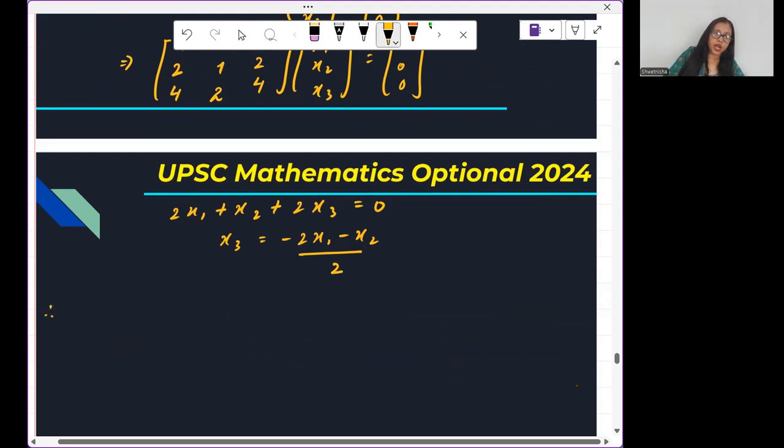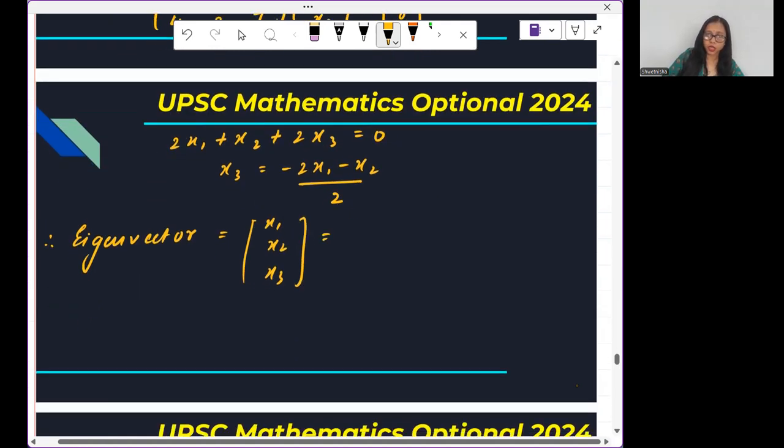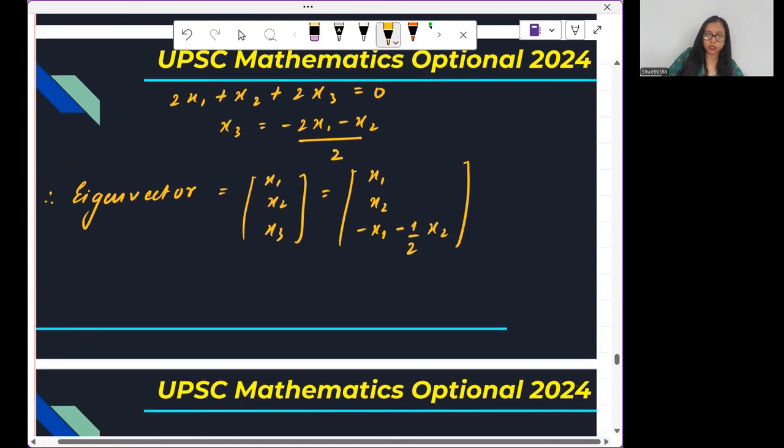Therefore, the eigenvector x1, x2 and x3 is given by x1, x2 and minus x1 minus 1 by 2 x2, that is equal to x1 times (1, 0, -1) plus x2 times (0, 1, -1/2).